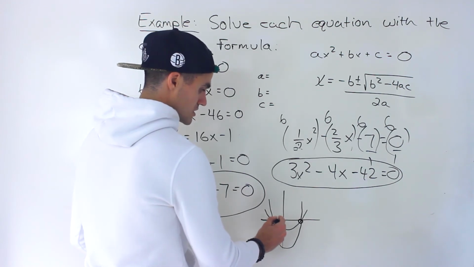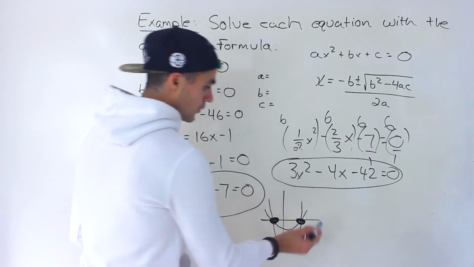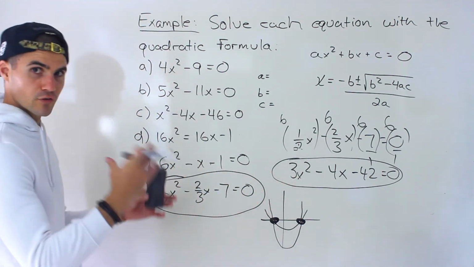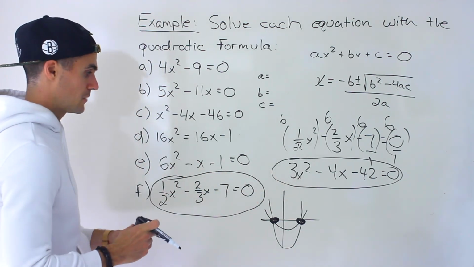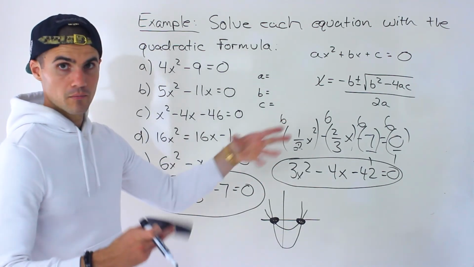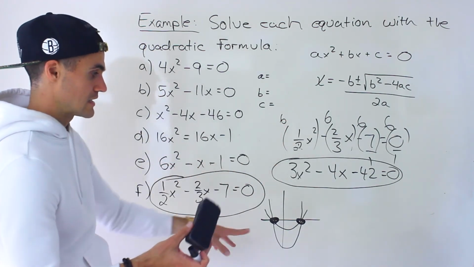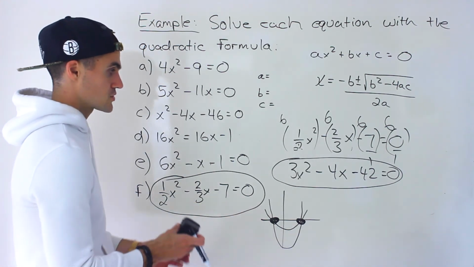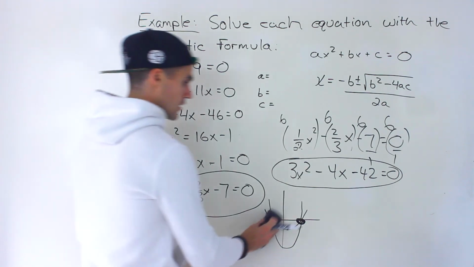The solutions, the zeros or the roots of both of them will be the same, even though these quadratics would look different if you just graph them alone. But if you did graph them both in Desmos, you would see that they both go through the same x-intercept. So the solutions to both equations are going to be the same.